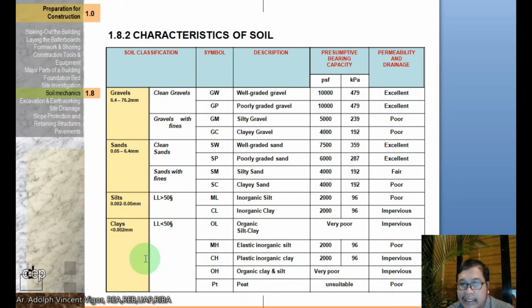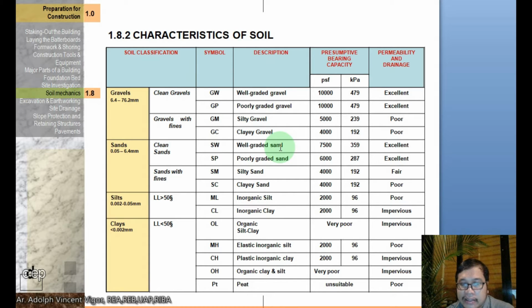Then you have the clay, which is very impervious. That's poor, along with elastic inorganic silt. Basically, when you say clay, its permeability should be quite poor. Just familiarize yourselves with the different presumptive bearing capacities.